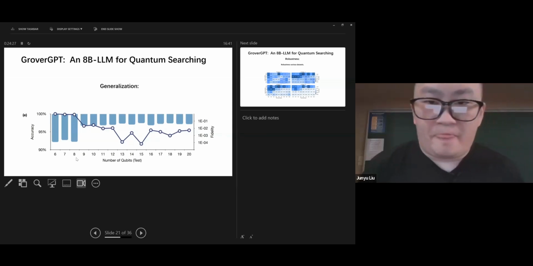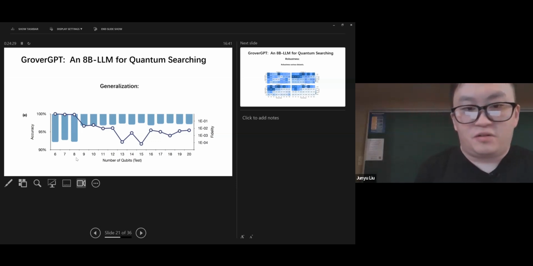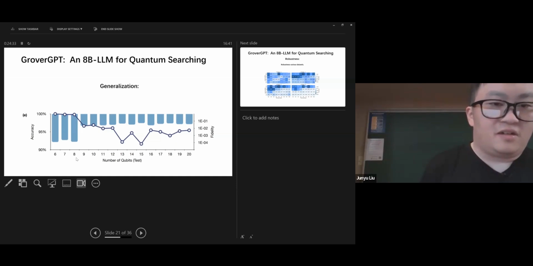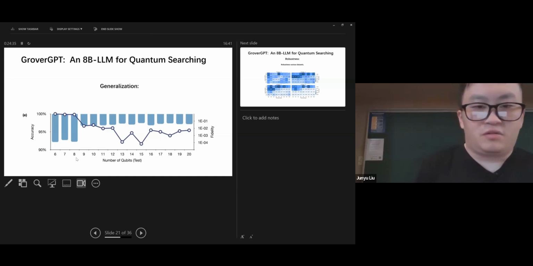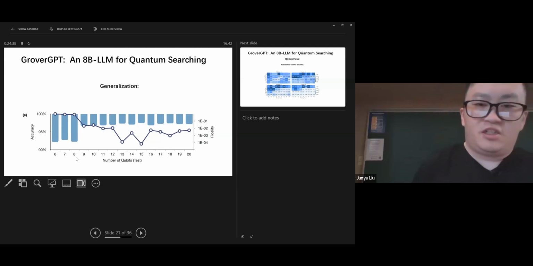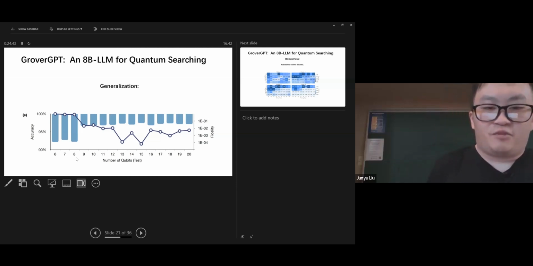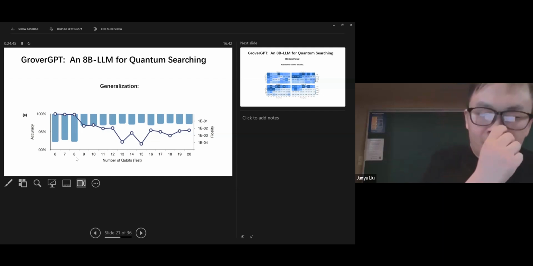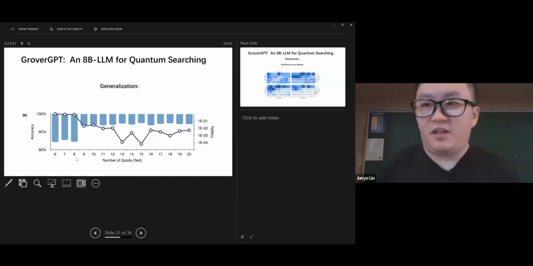The fidelity and the accuracy are okay, especially when we generalize to higher numbers. But we generically believe that with more qubits, the accuracy would decay significantly.